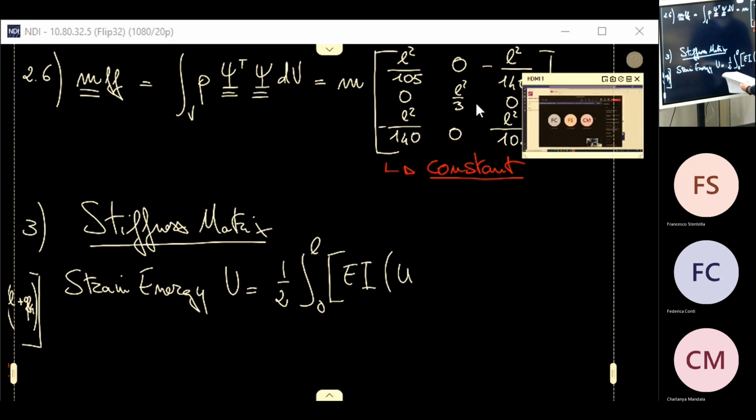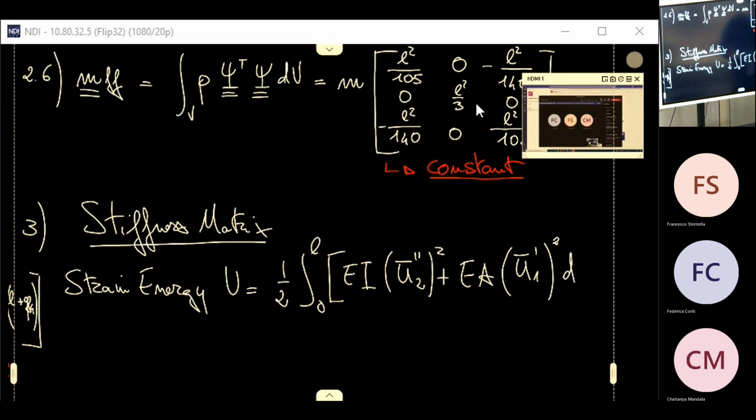You have the displacement in the transverse direction derived 2 times, squared, plus EA. So A is the cross-section of the beam, and then you have U1 derived only 1 time, so prime, again squared. All of these being integrated all over the beam.